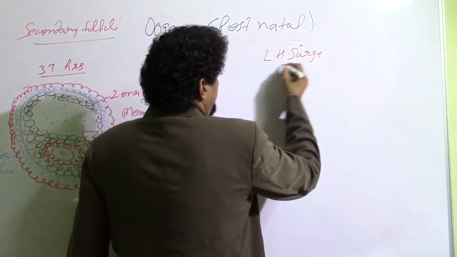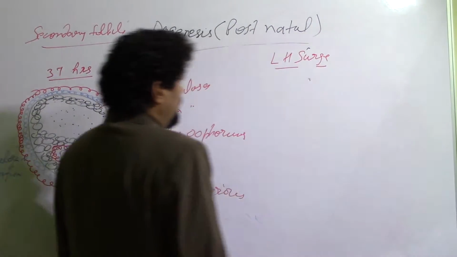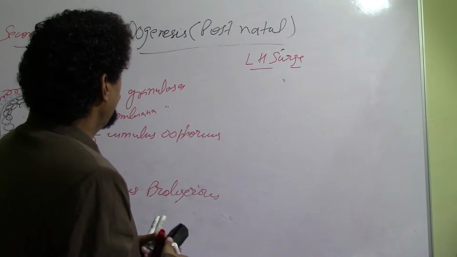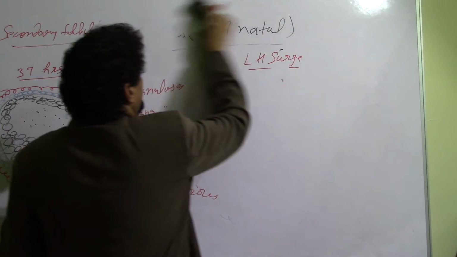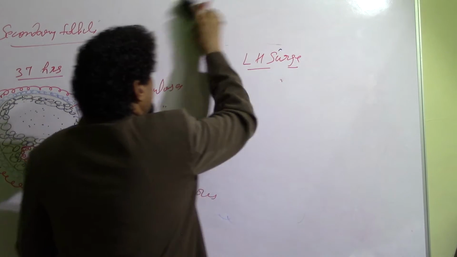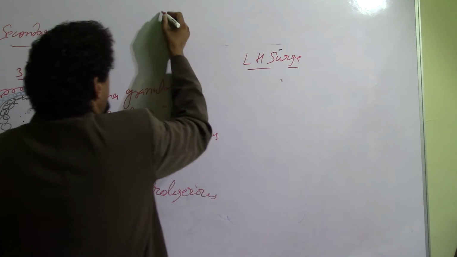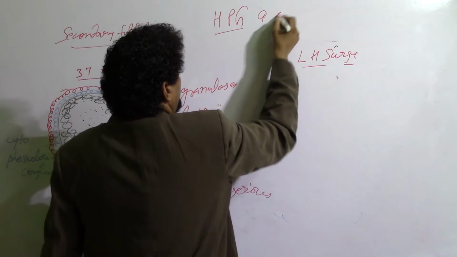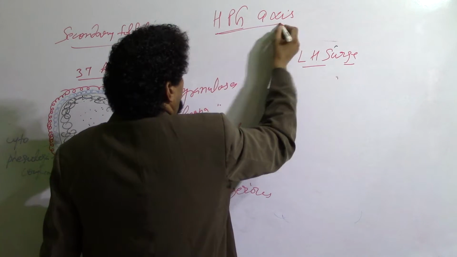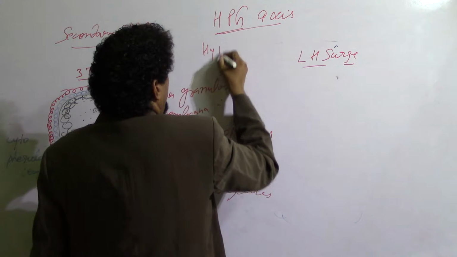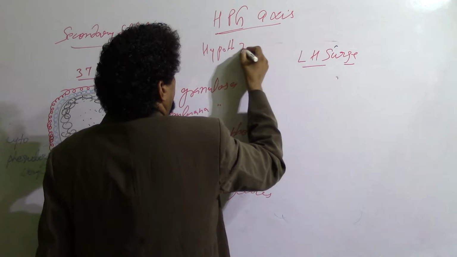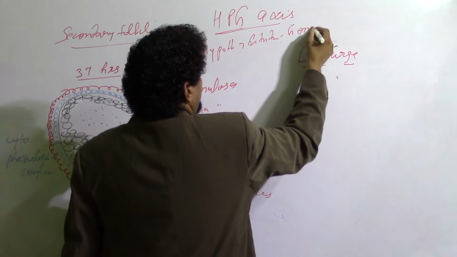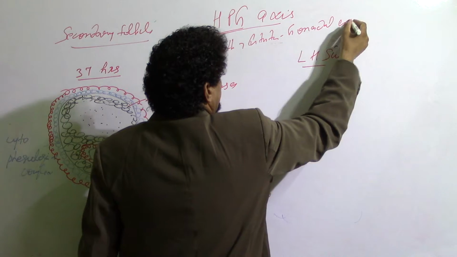As you know, this all process of follicular development and ovulation is controlled by HPG axis. It is hypothalamus, pituitary, gonadal axis.